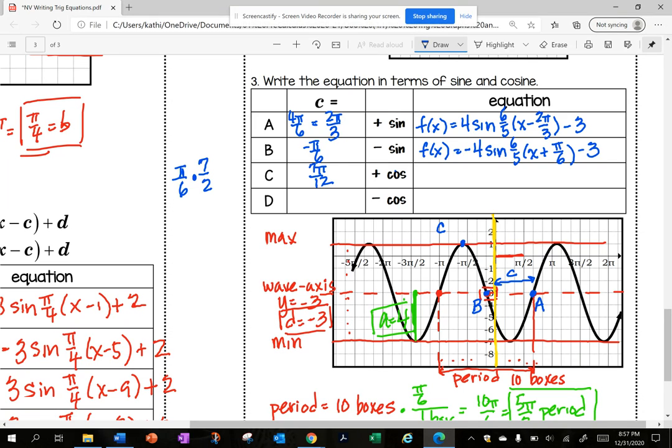All right, so substituting in my equation, I get f of x equals positive 4 cosine. B is still 6 over 5. X minus my C is 7 pi over 12 minus 3.